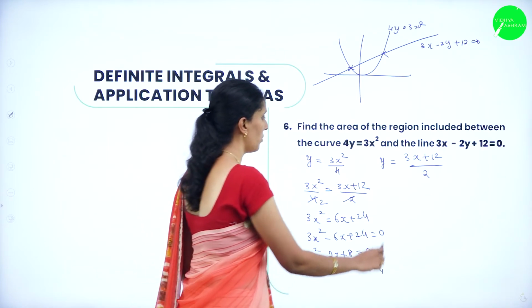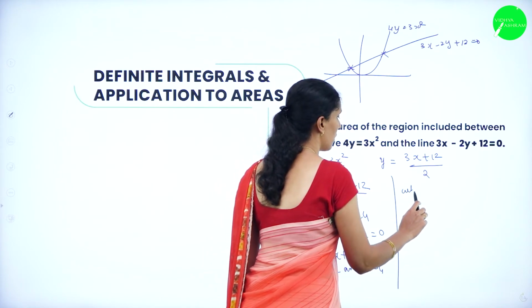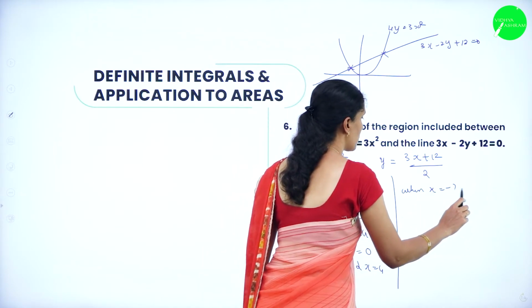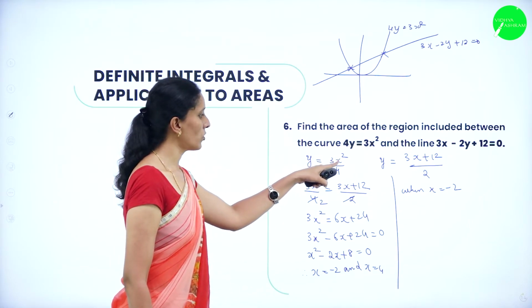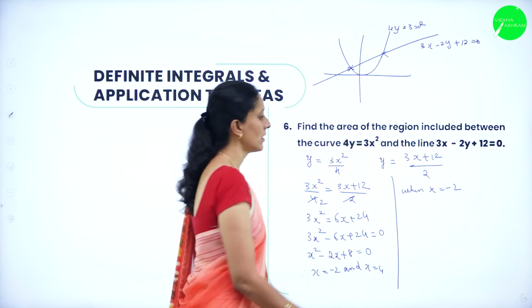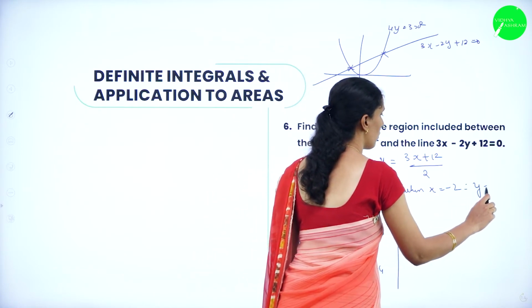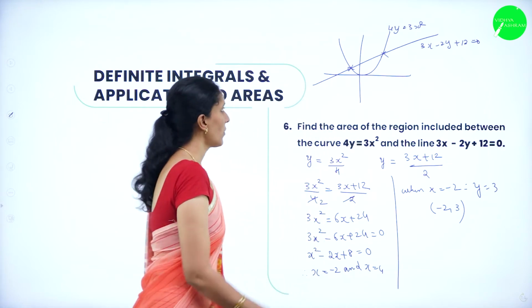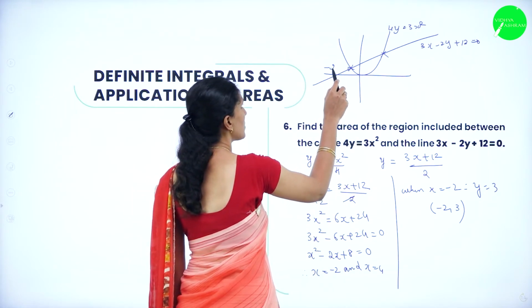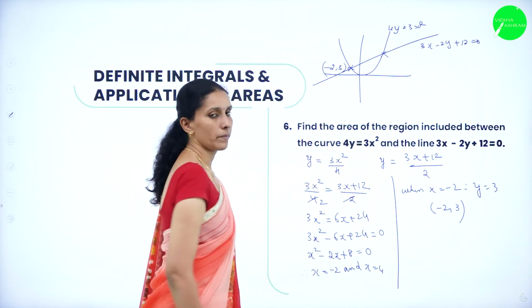Now let us substitute. When x is equal to minus 2, so what happens for y? So put minus 2 whole square, 4, 4 get cancelled. So this implies y is equal to 3. So therefore the point of intersection is (minus 2, 3). So here x value is minus 2, y value is 3.